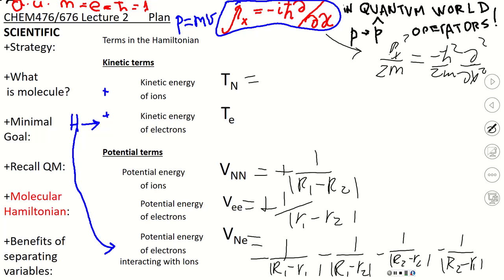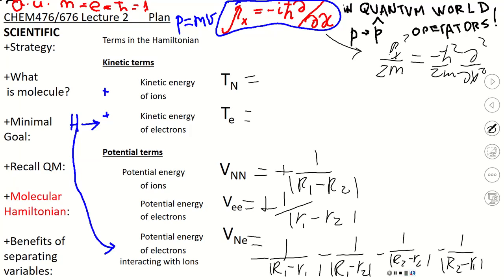And in the same way, you can count terms for kinetic energy. So there will be kinetic energy of nuclei, capital N, and kinetic energy of electrons, lowercase e. How many terms for nuclear kinetic energy? There are 2 nuclei. 1 term for each if we are in vector form, or 3 terms for each if we are writing components, which we are not going to do.